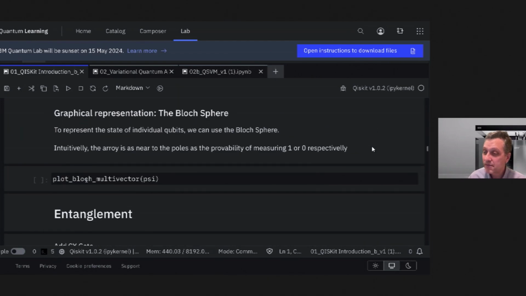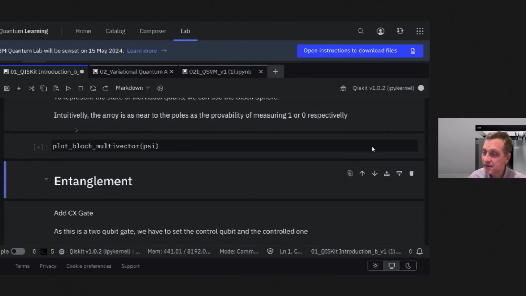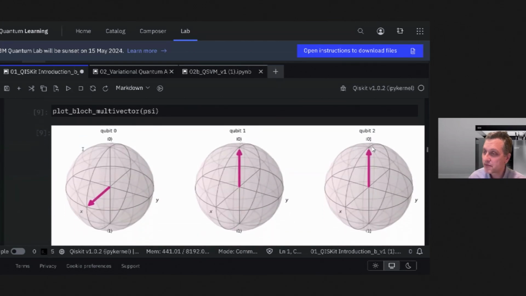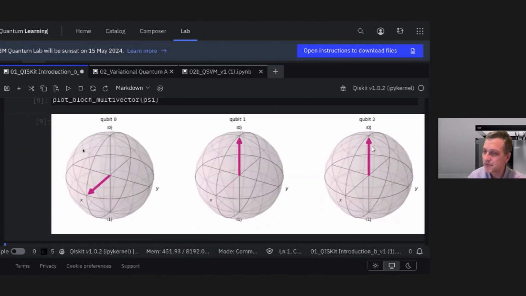We usually make a graphic representation of this using the Bloch sphere, and you have to be careful with this because it is a representation of individual qubits. When qubits do not interact with each other, we can draw a sphere where the top is 0, the bottom is 1, and this vector represents the probability of being 0 or being 1. In this case, this qubit has 100% probability of being 0.